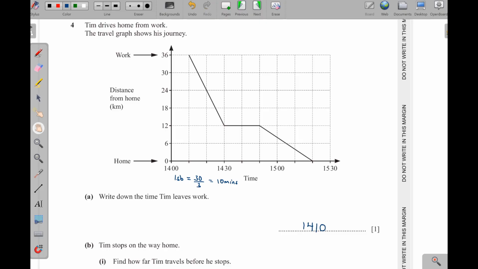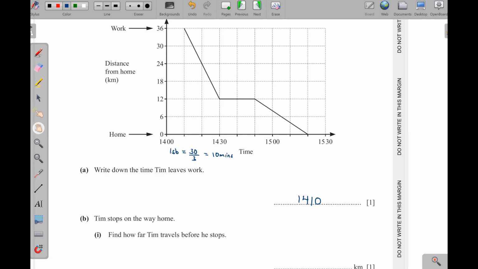And then part B, Tim stops on the way. How far does Tim travel before he stops? So stopping is here, okay? Because time is moving, but the distance is the same. You're still there. So they said how far Tim travels before he stops.